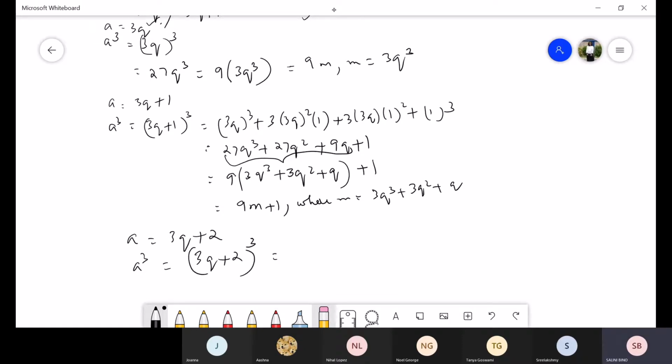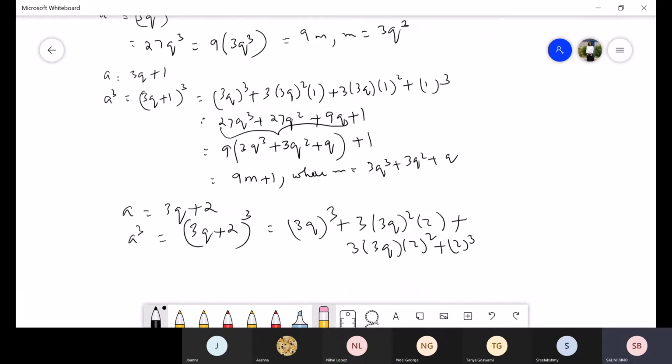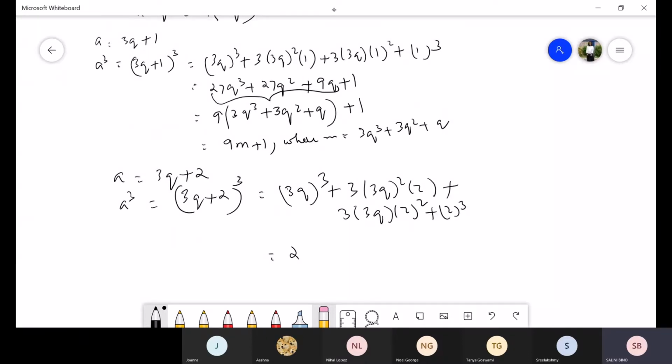And again, the identity, a cube plus 3a square b plus 3ab square plus b cube, and this is equal to 27q cube. Now 9 3s are 27, 27 into 2 is 54q square, 4 into 3 is 12, 36q, plus 8.